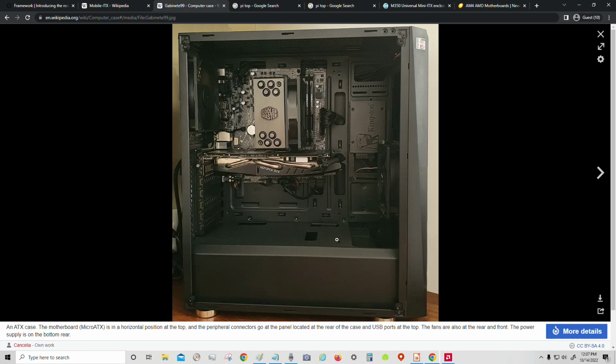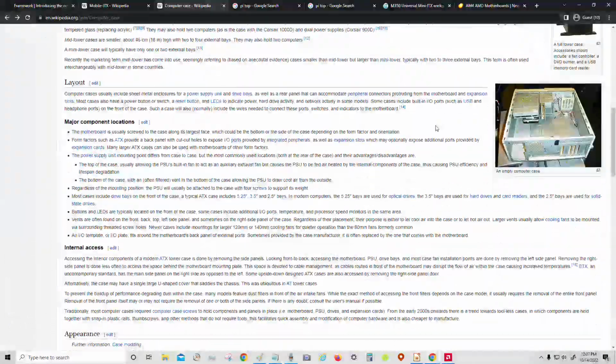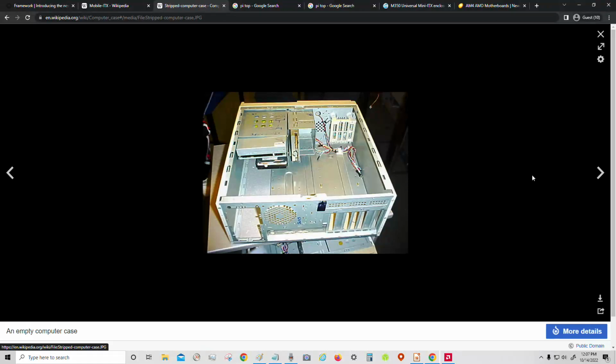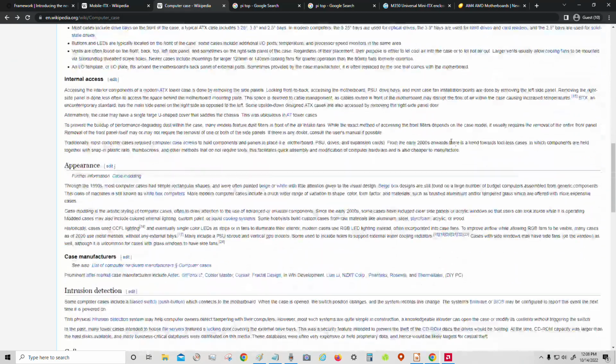There's a really large place where you would put the power supply. Sometimes the power supply is on the top, sometimes it's on the bottom. In this case, it looks like it's on the top, but I'm not 100% on that.